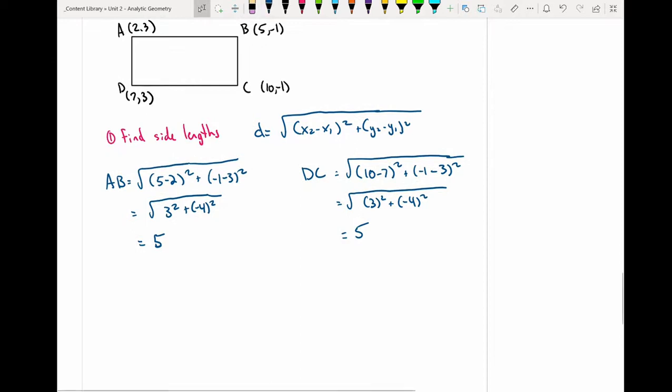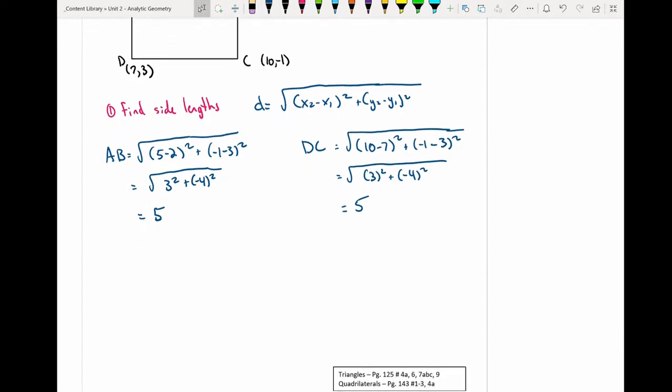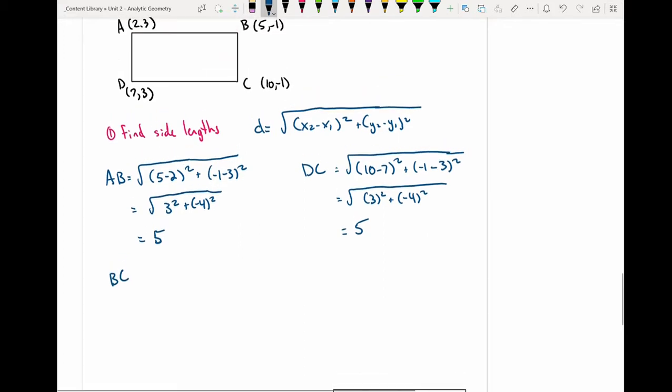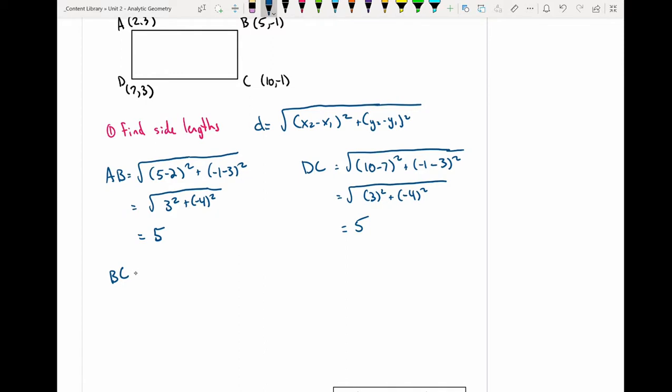So it's narrowing down. I could have a rectangle, a square, or even a rhombus, because these two sides are the same. I still need to find the other ones. So BC, again I know my formula: (10 minus 5) squared plus (-1 minus -1) squared.